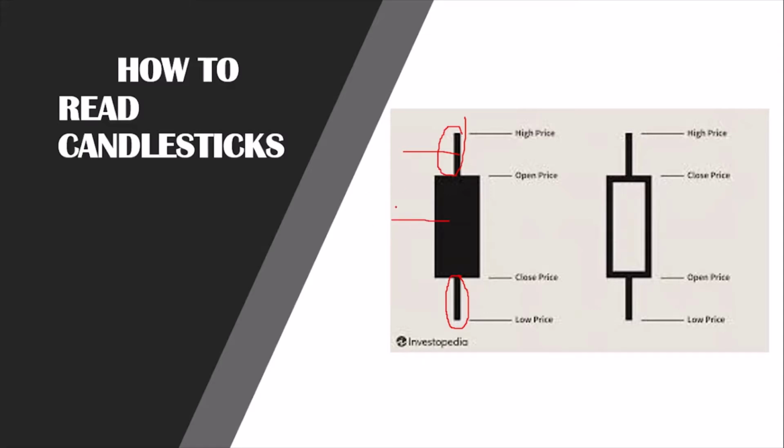You need to understand that the body is basically formed by the range that price moved along, and this wick is also formed by that. As you can see, this wick means the market opened here, went up, but found resistance. It could not close there, therefore it went back down and closed at this area. That is why it created this shadow.